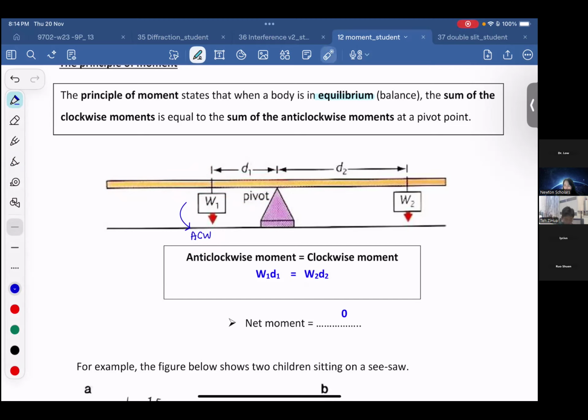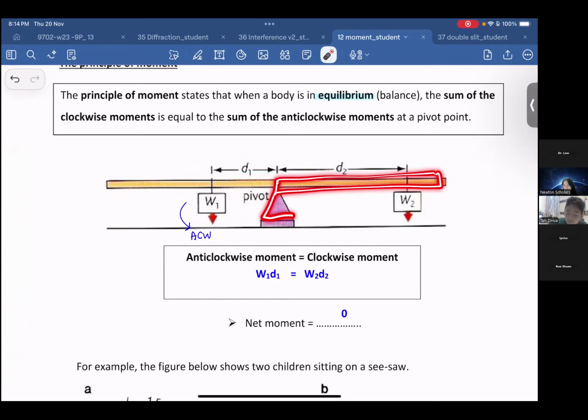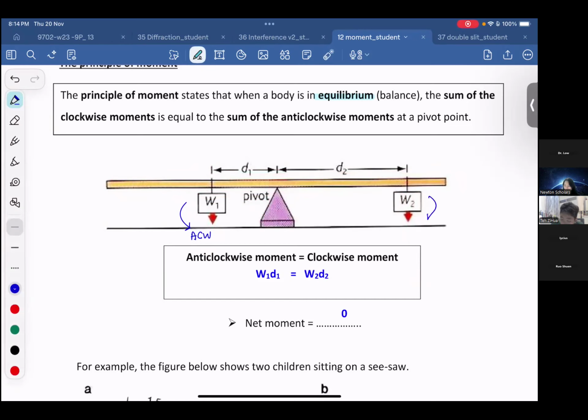For W2, put your ruler here. Your finger holds the pivot point on the left-hand side, do not let this point move. Then your right hand pushes the ruler down. You will find that your ruler turns in this direction. This is clockwise. So the anti-clockwise moment must equal the clockwise moment.